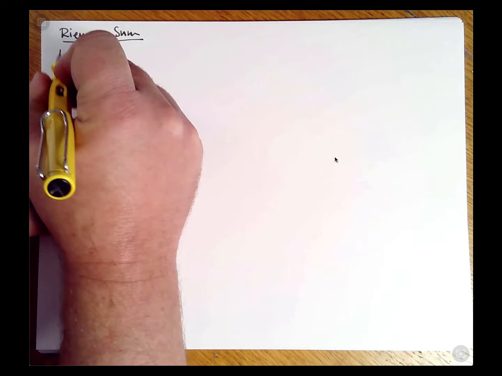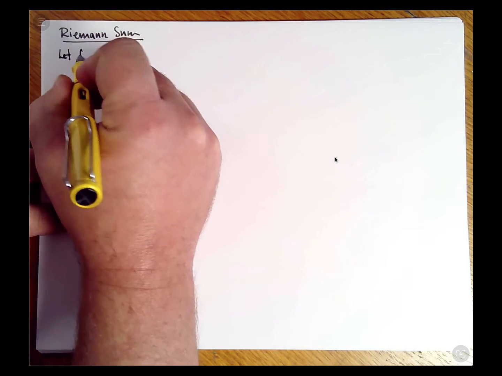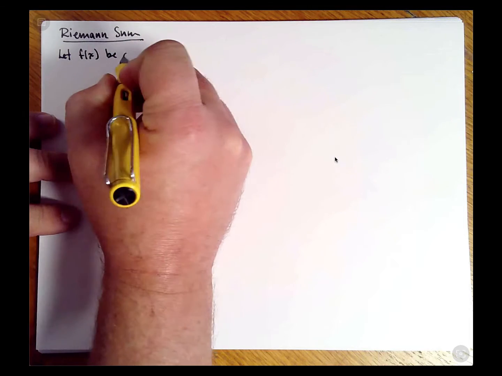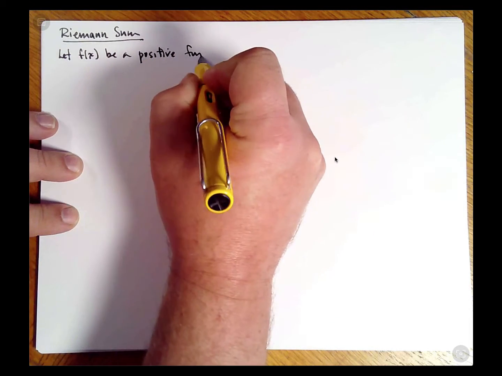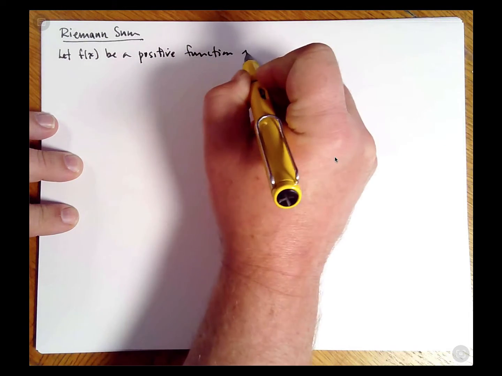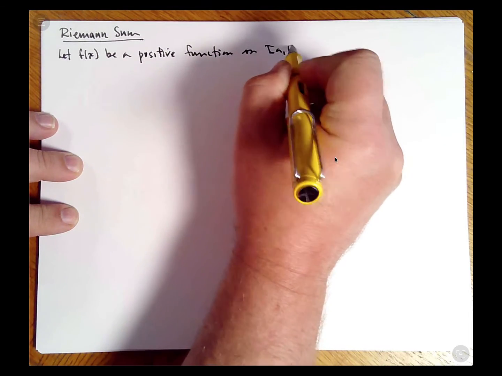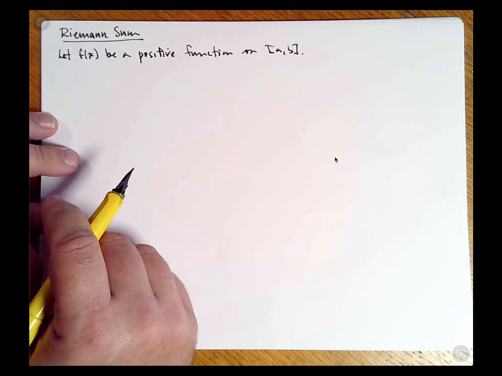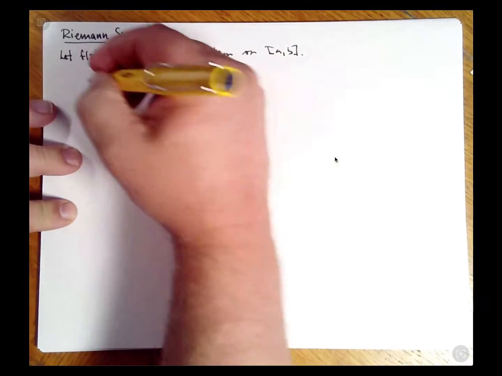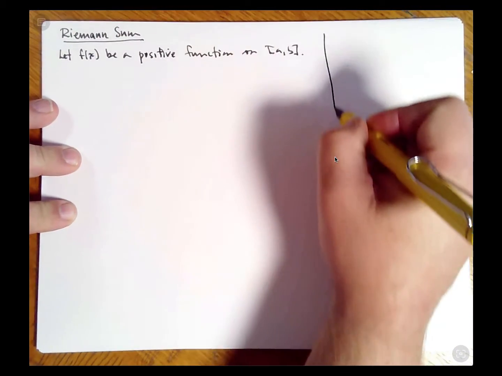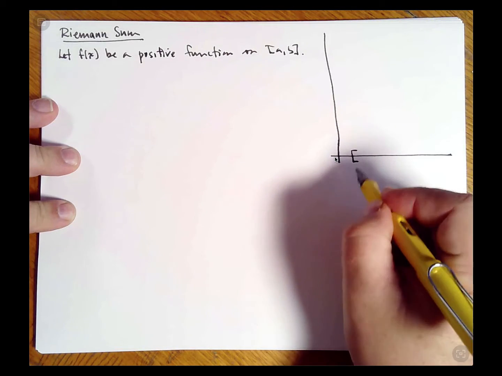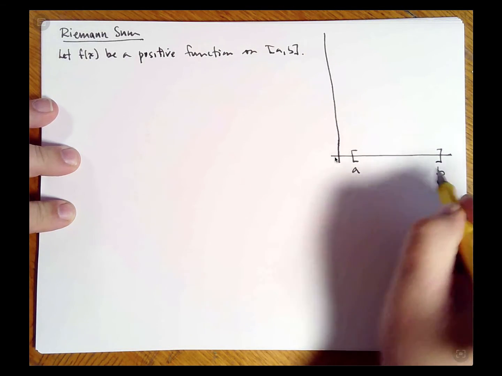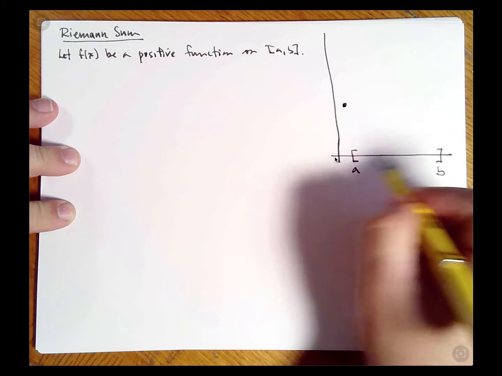So the context is we've got a positive function f on an interval from a to b. I guess I'll draw a picture over here. So let's put the domain interval here.